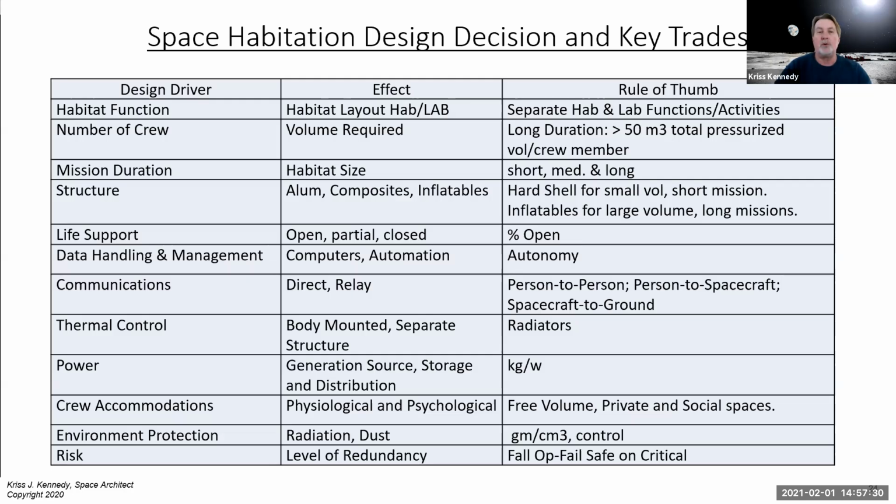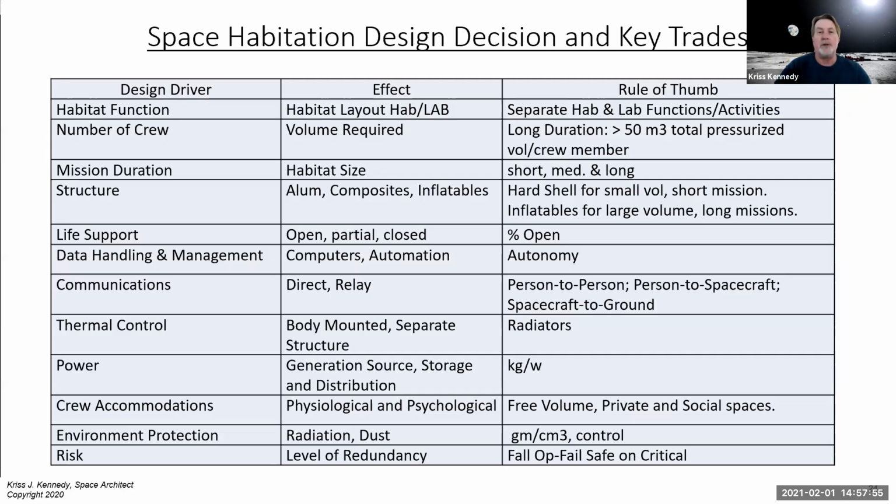The number of crew affects the volume required. For long duration, you want over 50 cubic meters of total pressurized volume per crew member, and that's total pressurized volume. That is not the net habitable volume. Mission duration affects the habitat size: short, medium, and long durations.